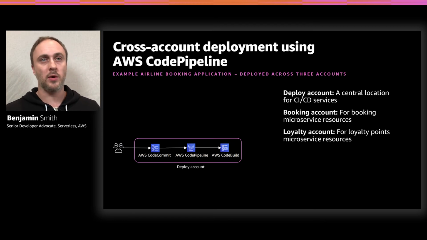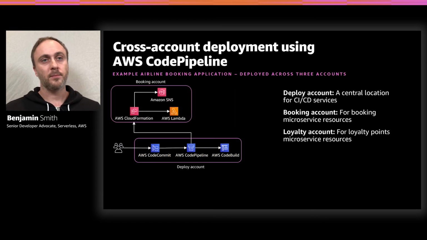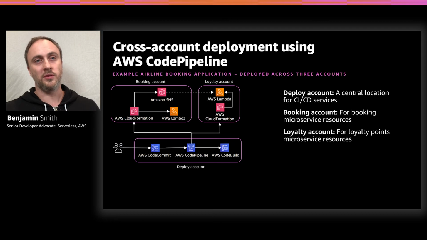So that could be CodeCommit, CodePipeline, CodeBuild, whatever your particular flavor is, whatever you're using. And the booking pipeline will execute in the deploy account. That would deploy the booking Lambda functions and all the related resources into the booking account. The loyalty pipeline also executes in the deploy account and it deploys all the loyalty resources into the loyalty account.